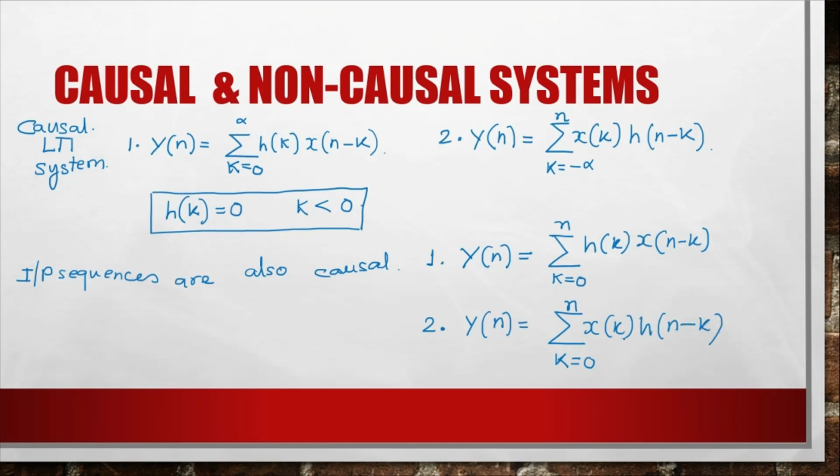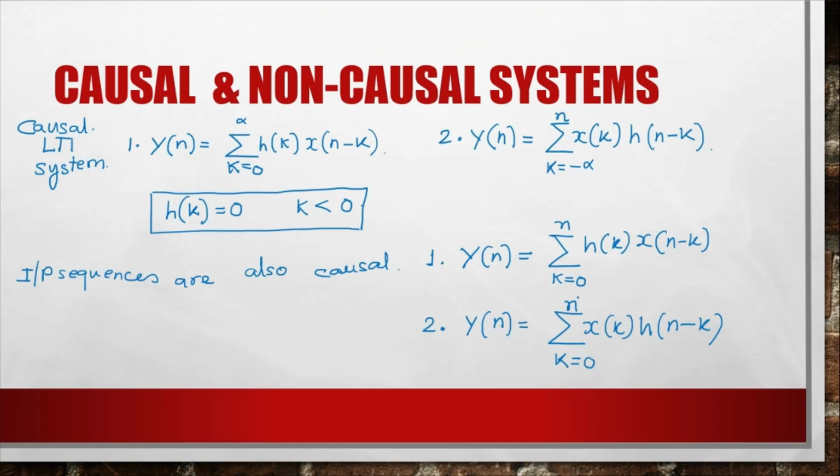So these two expressions are for systems that are only causal, but the inputs may be non-causal. And here, the system is causal as well as the input is causal.